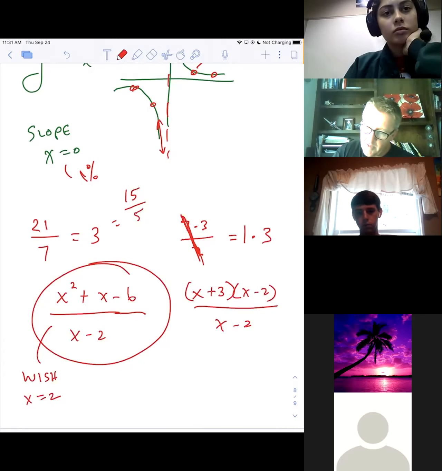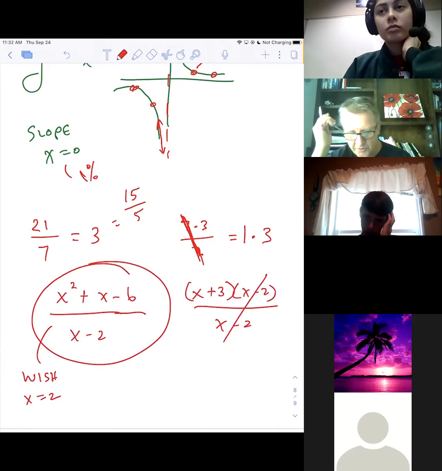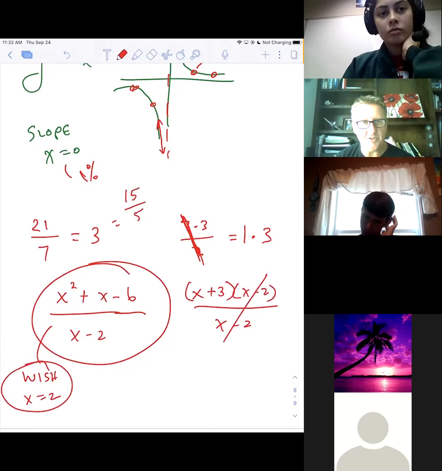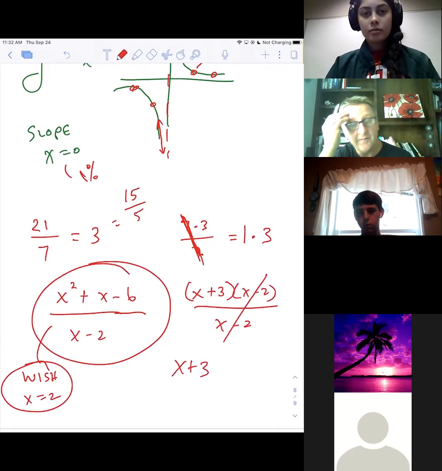But if I come over here, which allows the prohibition against plugging 2 in, that prohibition goes away. So there isn't anything that says x can't be 2 here. We're just saying we wish we could let x be 2. And since we're able to change this expression into x plus 3, now we can. That's the idea.